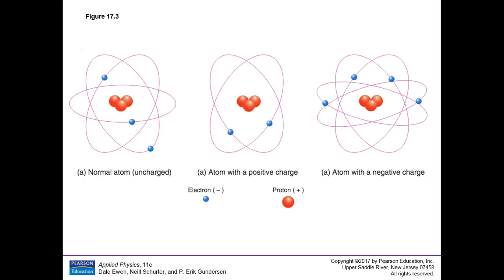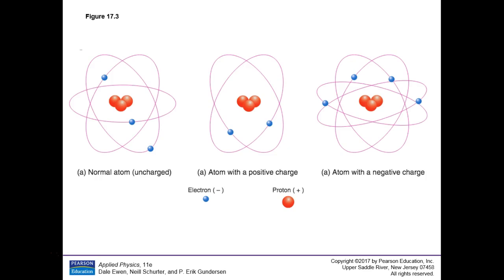Now it's showing here a normal atom. Okay. Here's what's wrong with this picture. The nucleus, this is called the nucleus of the atom. If that was the nucleus, it would be incredibly tiny. You wouldn't even be able to see it on the page hardly. It would be one little pixel there or something like that. But it is incredibly dense. Just about the entire mass of that atom is in that nucleus.